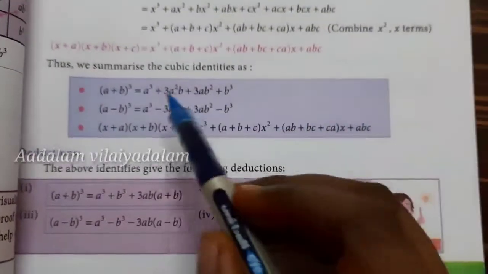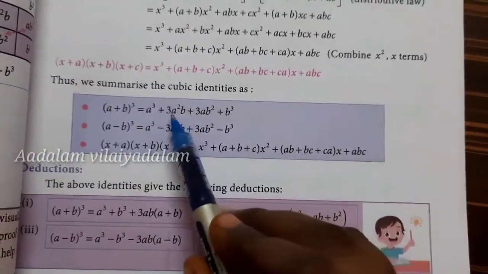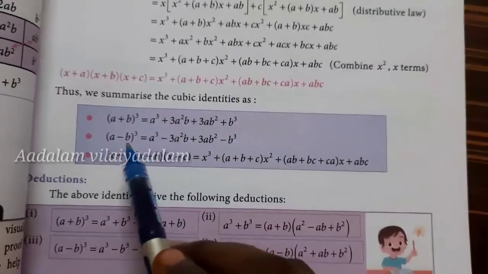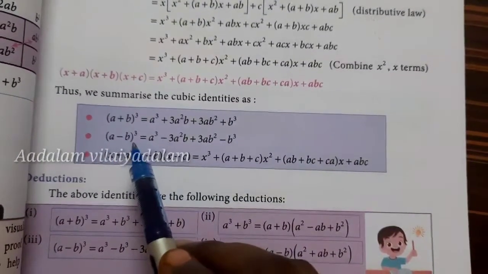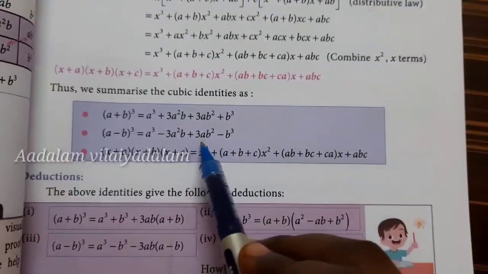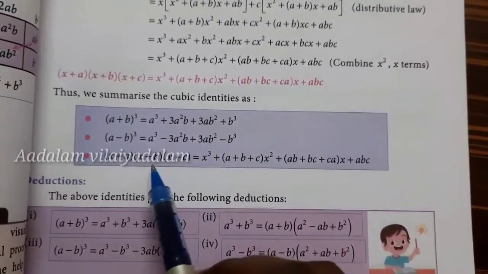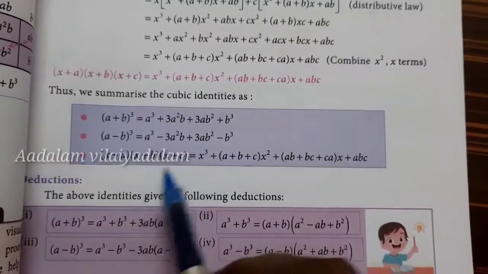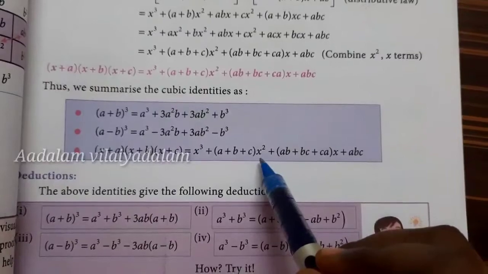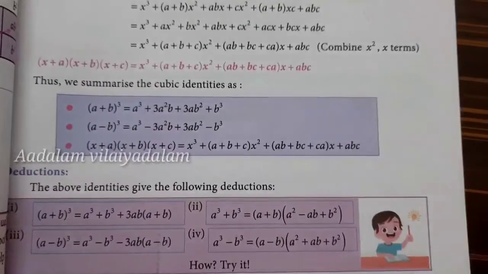We can summarize all these three formulas: (a plus b) the whole cube equals a cube plus 3a square b plus 3ab square plus b cube, and the negative formula is (a minus b) the whole cube equals a cube minus 3a square b plus 3ab square minus b cube. The third one is (x plus a)(x plus b)(x plus c), multiplication of this equals x cube plus (a plus b plus c) x square plus (ab plus bc plus ca) x plus abc.